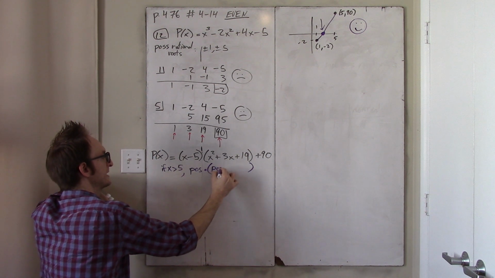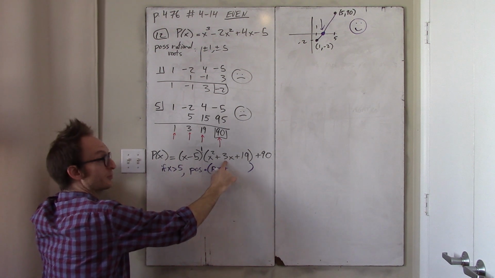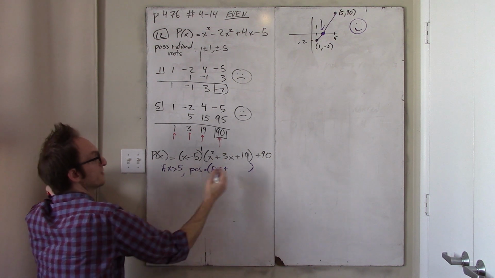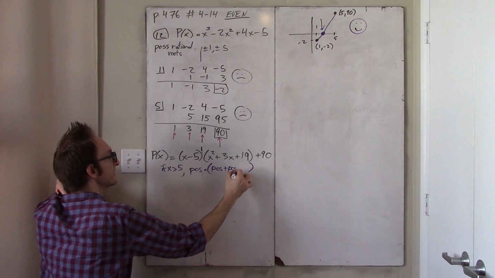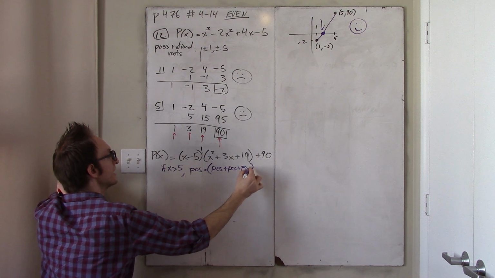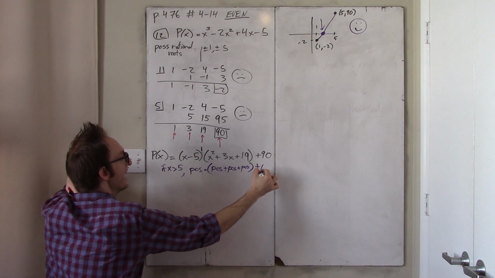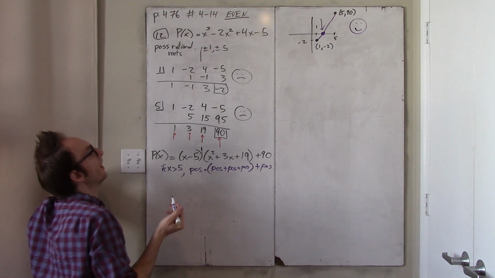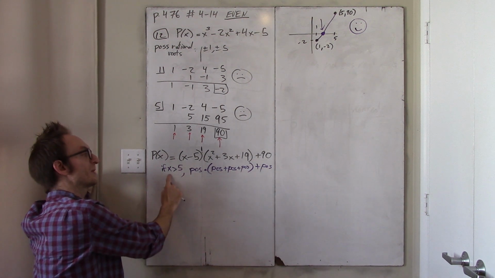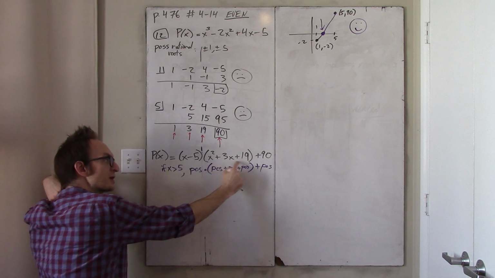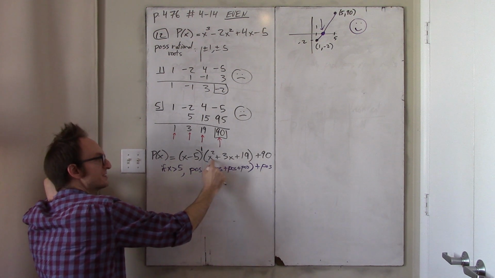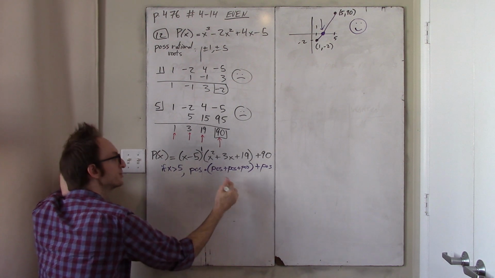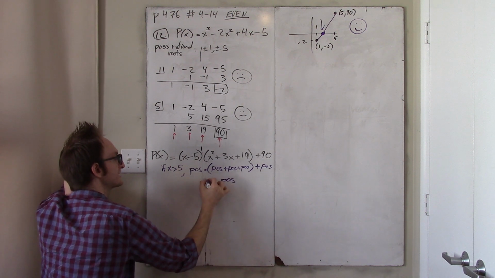Well, it's certainly positive. The fact that this 3 is a positive linear coefficient means that when you multiply it by a number bigger than 5, you certainly get something positive. And 19 is positive, and my remainder is positive. What I'm really saying here is that for numbers bigger than 5, if the quotient has all positive coefficients, then the entire quotient is going to be positive.